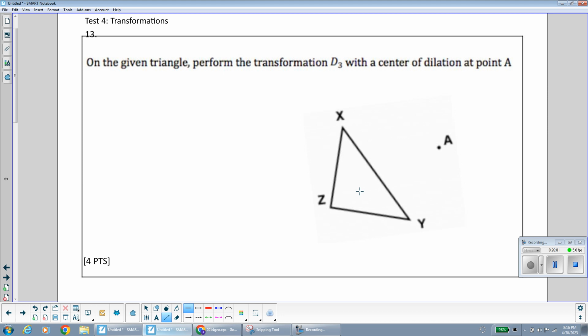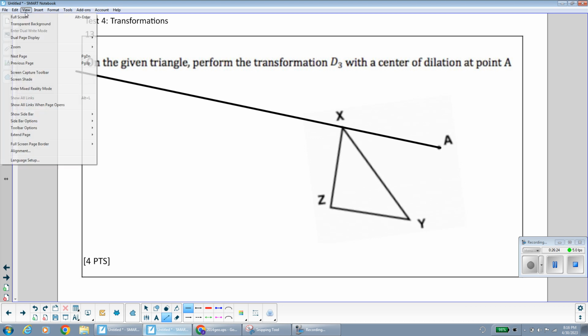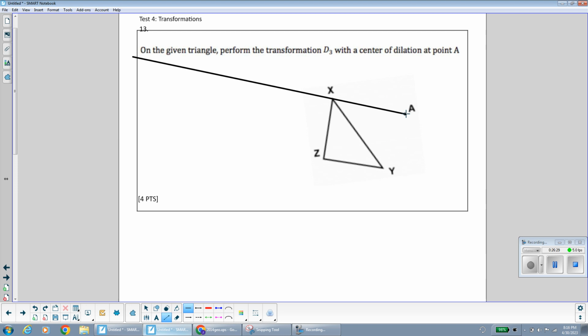So what I'm going to do first, and let me make sure this is black. There we go. I'm just going to connect through my center of dilation, my pre-image point, and I'm going to go pretty far out because I don't know exactly where the image point's going to be. That's because the center of dilation, the pre-image point, and the image point are all collinear. They should all lie along the same line. I have to zoom this out again because for the graph, it made it easier, but for constructions, it makes it harder.